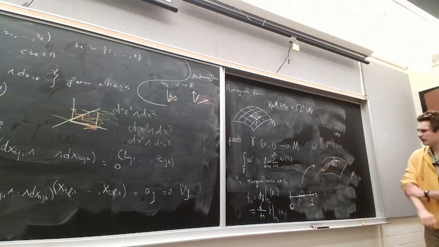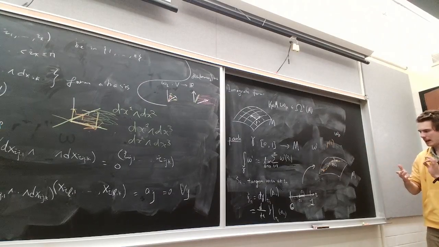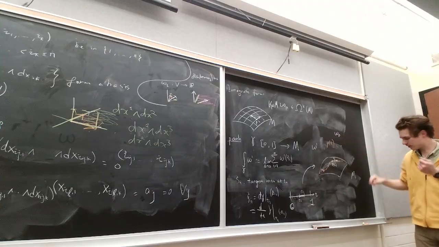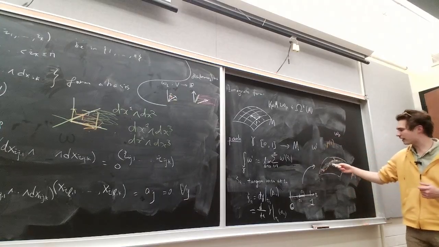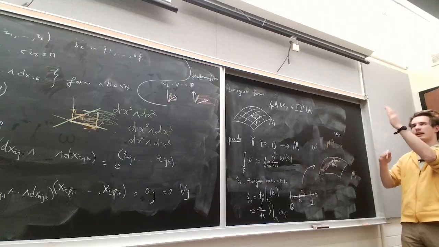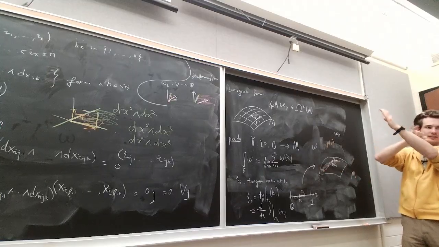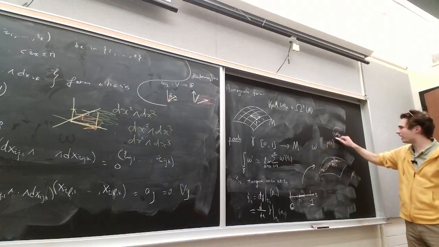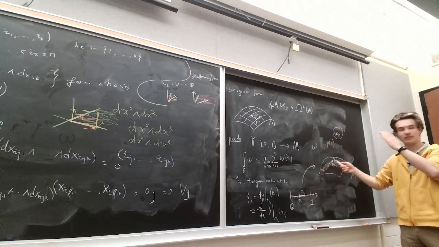So what did we see? We saw that we had this one form, right? What does this one form do? At every point it picks a line and projects onto it and says that that's the length of lines according to this projection. So this defines the length of lines at every point.